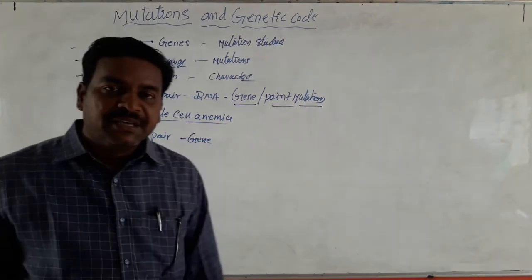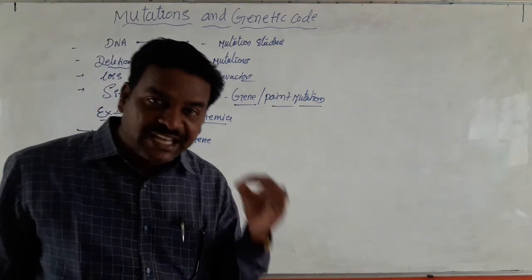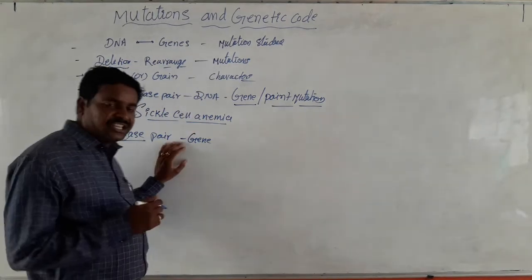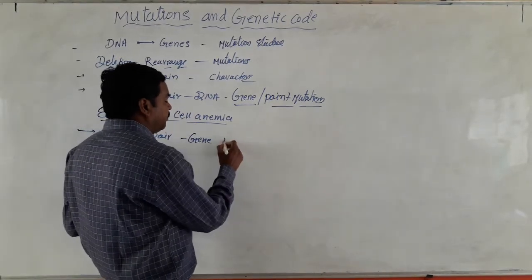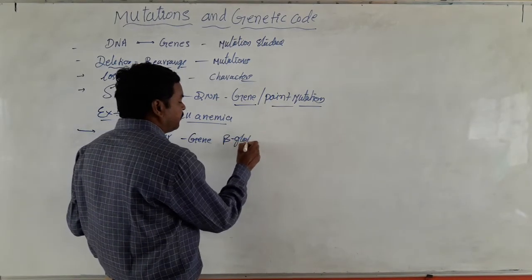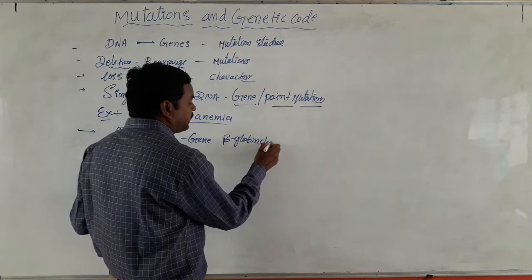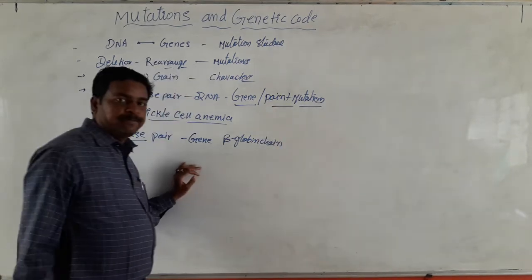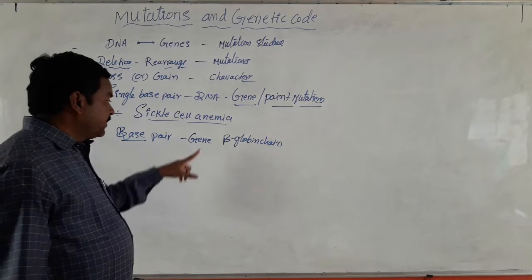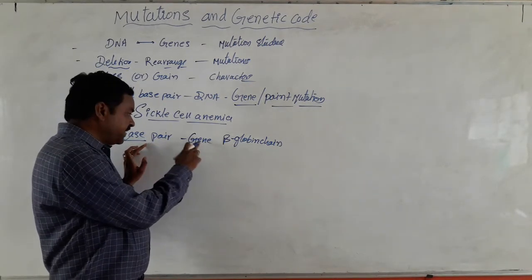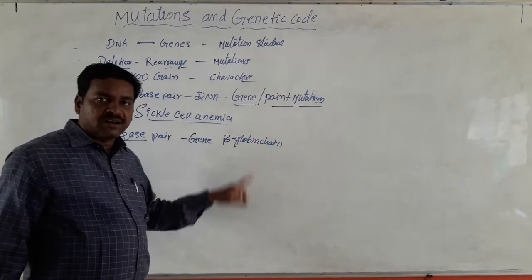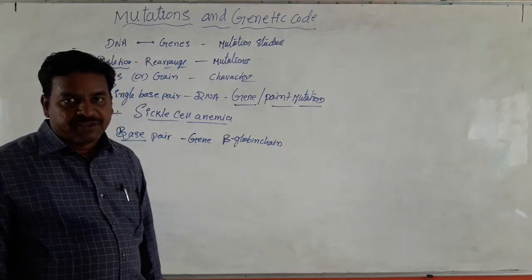Sickle cell anemia is due to a change in the single base pair of the gene responsible for the beta globin chain.